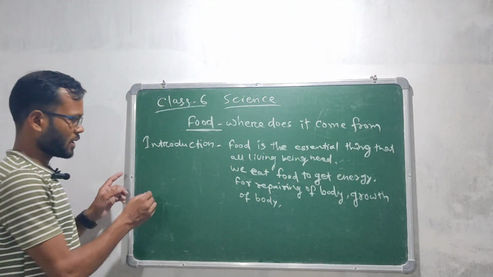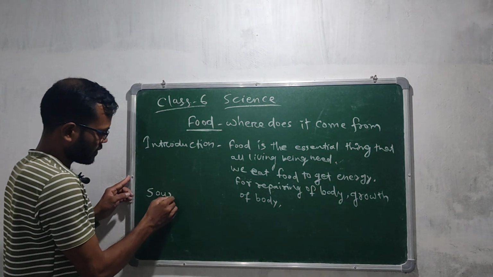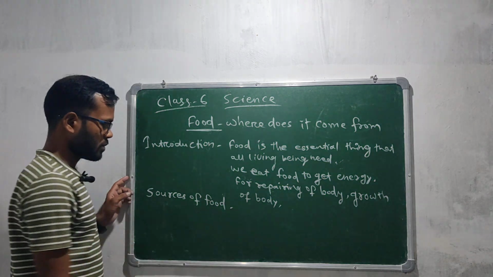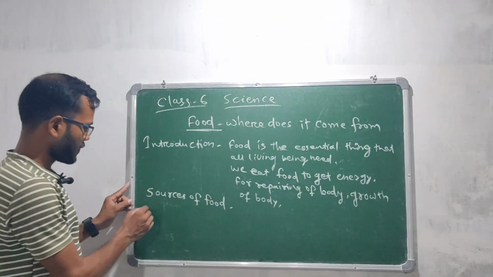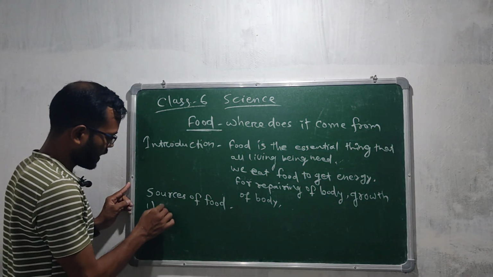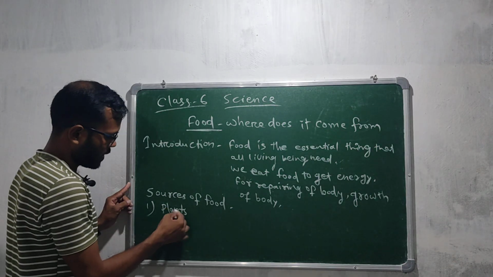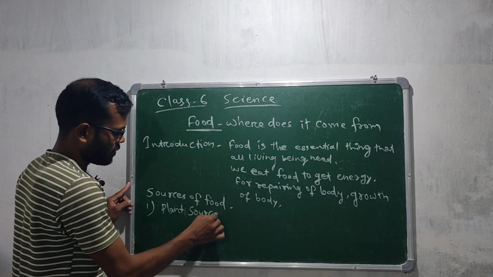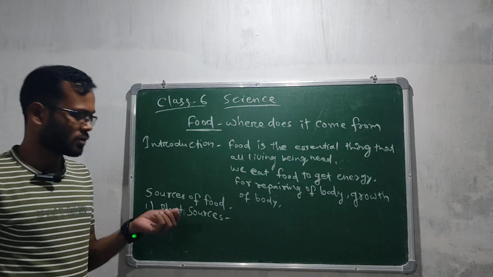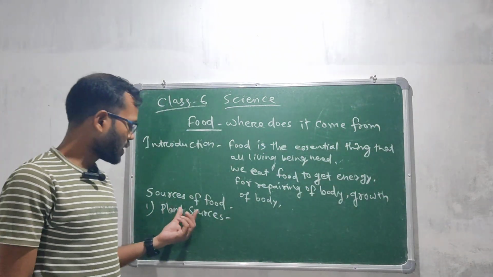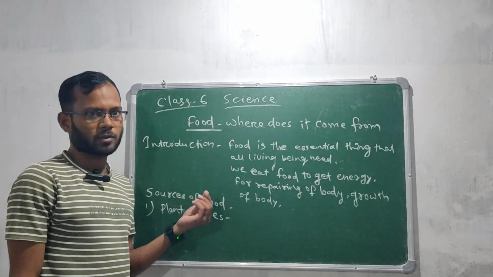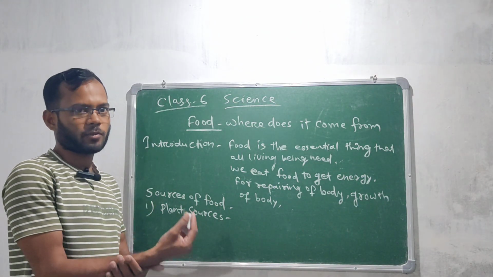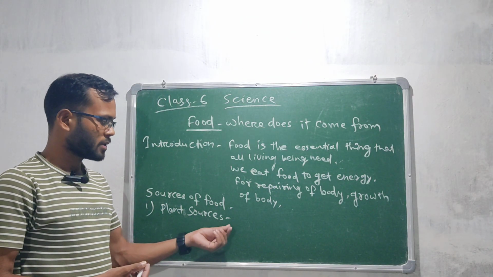The second thing is sources of food. Where do we get food from? The first source is plant sources. The first question that should come to our mind is, how do plants make their food? Plants make their food using sunlight.